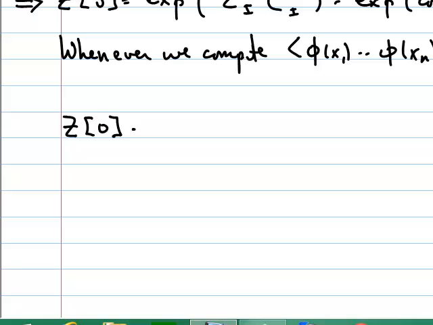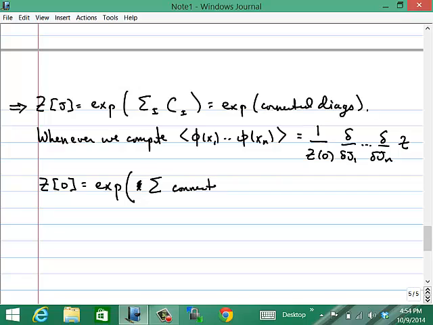Z of 0 is just the exponential of the sum of connected diagrams with no external sources.